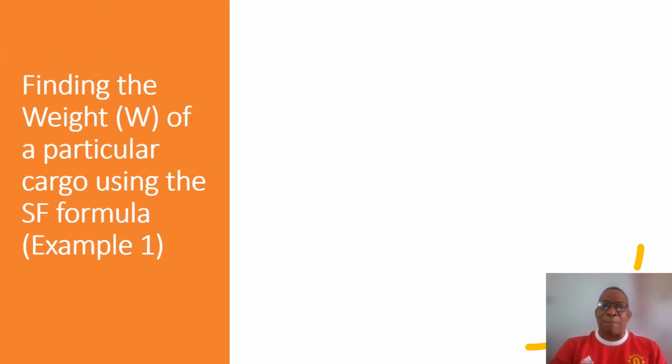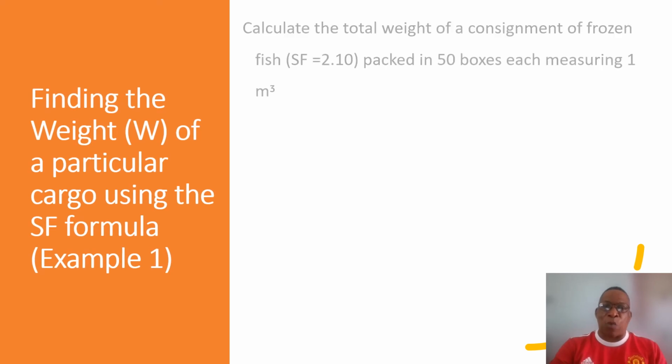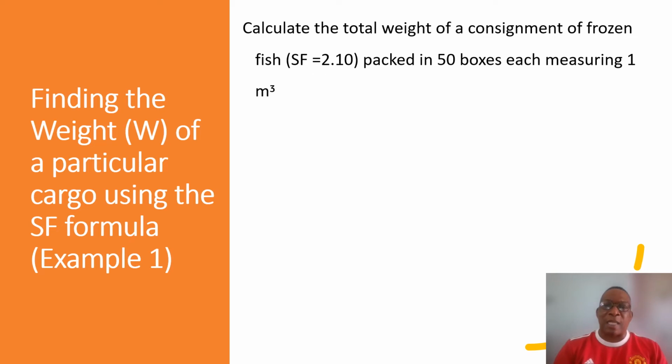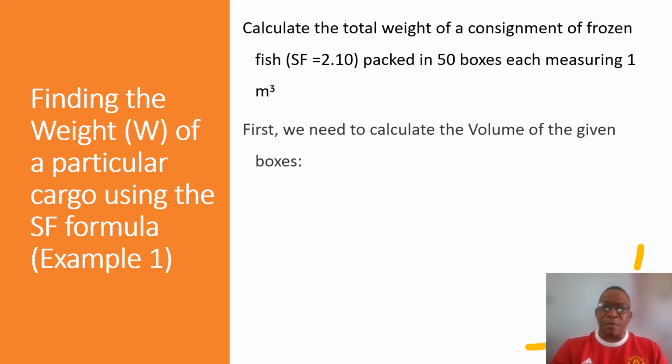So applying this in example 1, using these given information, consignment of frozen fish with a stowage factor of 2.1, packed in 50 boxes, each measuring 1 cubic meter. First, we need to calculate the volume of the given boxes.